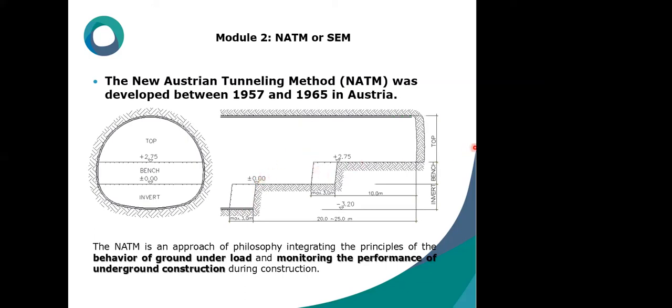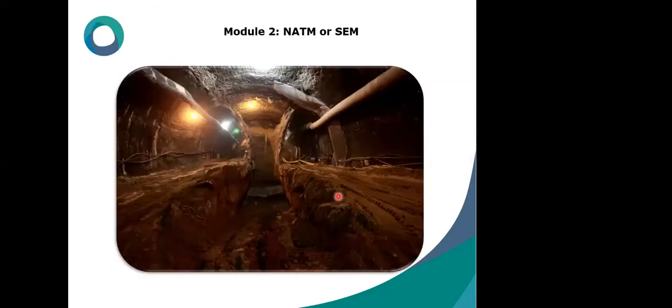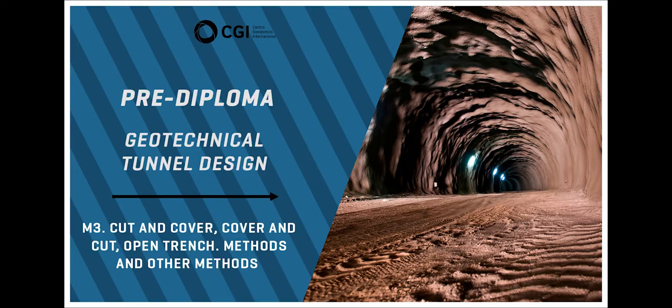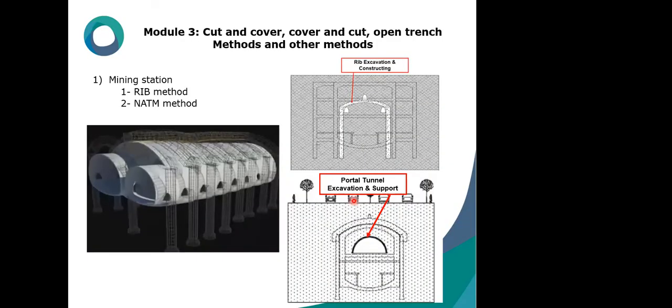And here is the real shape of another section of the NATM tunnel. Well, in module 3, cut and cover, cover and cut, open trench methods and other methods will be described.